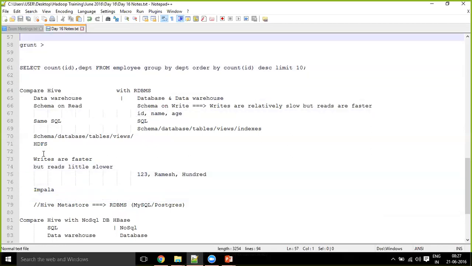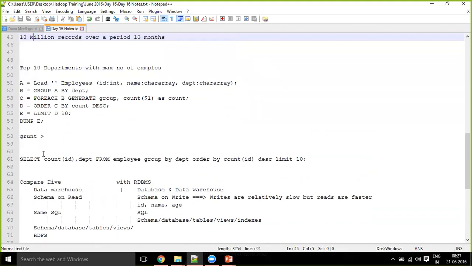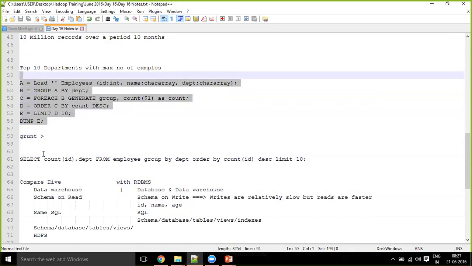So now, do you feel that Hive is better than Pig? When you were learning Pig, you decided that Pig is better than MapReduce, and then you started doing your coding in Pig only. Now, do you agree that Hive is more preferable than Pig? If you are not from a data warehouse background, obviously Pig syntax is new for both Java developers and SQL developers.